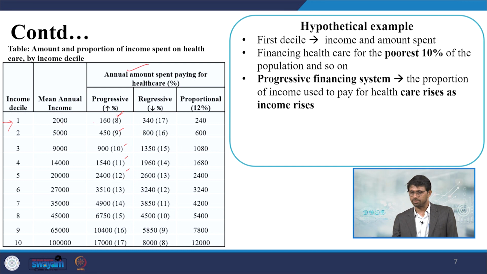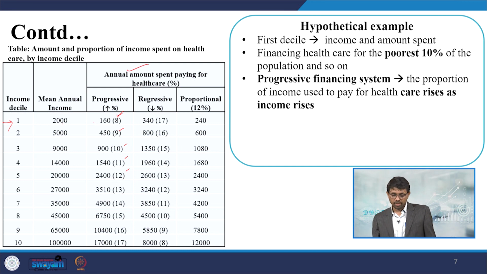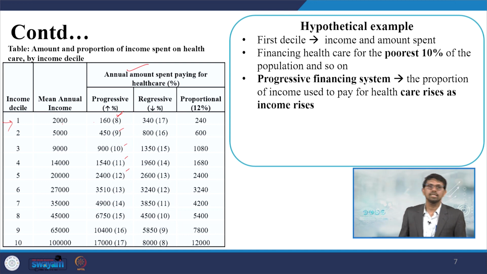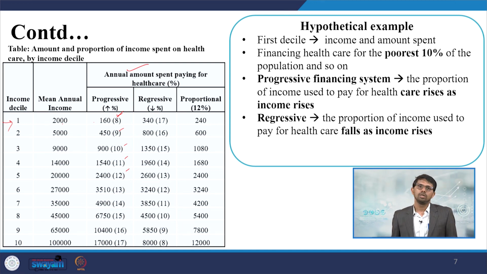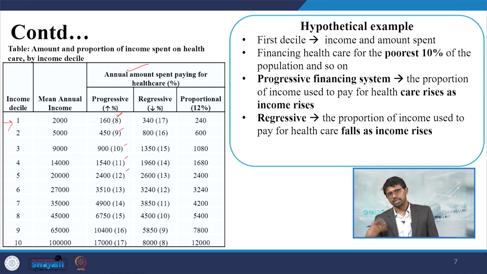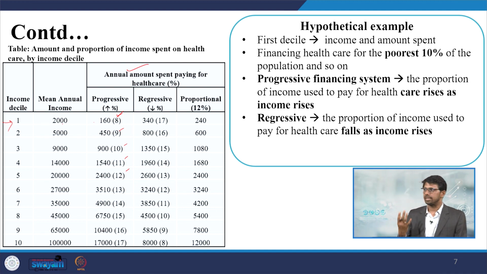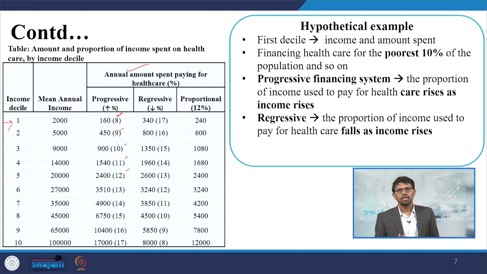Hence, it is progressive. In a progressive finance system, the proportion of income used to pay for healthcare increases as income increases. Just the reverse happens in the case of regressive healthcare spending. If you compare income and healthcare spending, you will see a regressive trend: as income increases, the percentage of spending on healthcare declines.